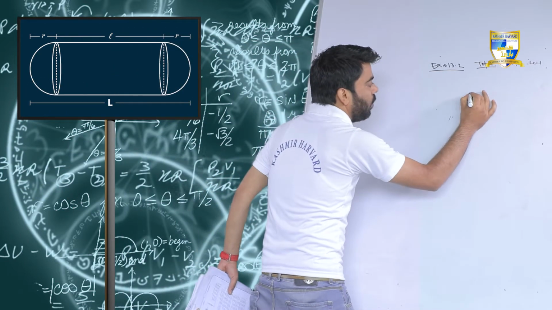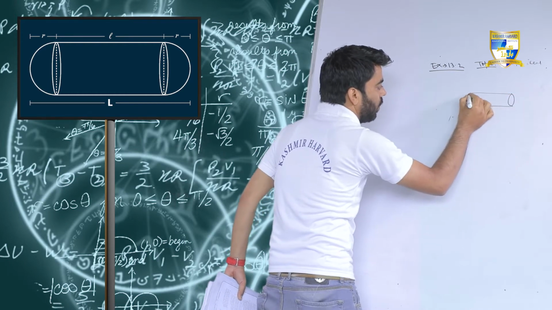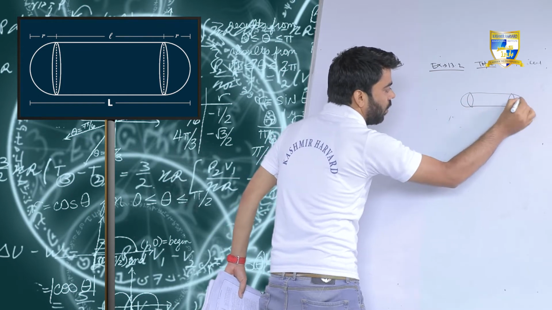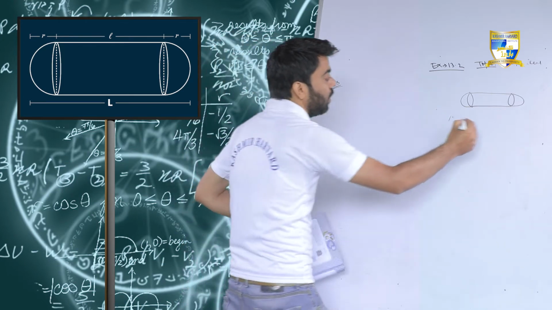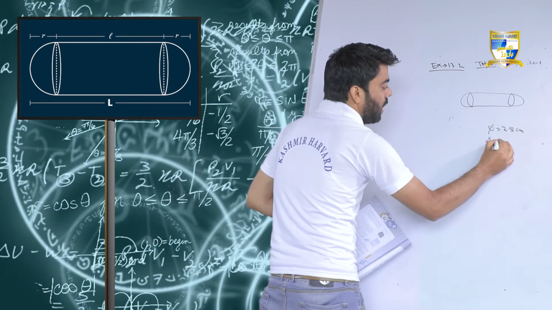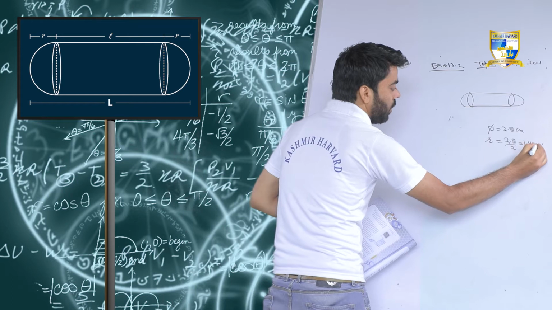I will draw the diagram here. Diameter, I have 2.8 centimeter. That means R is 2.8 divided by 2, that's 1.4 centimeter.